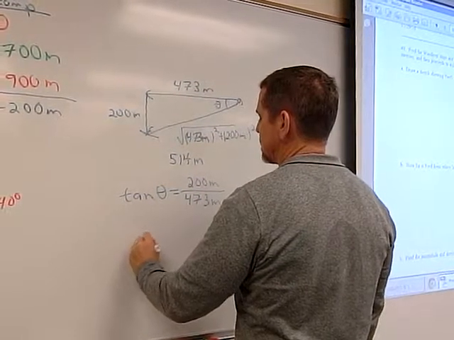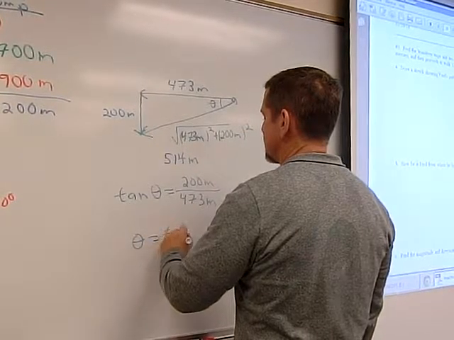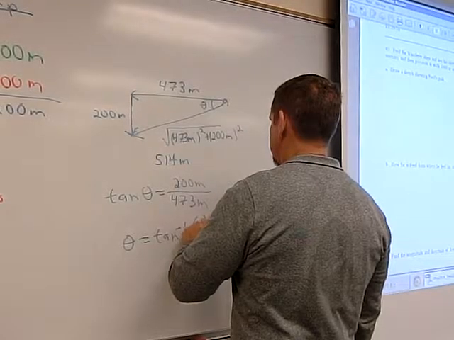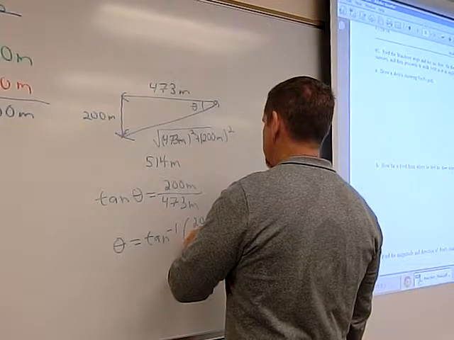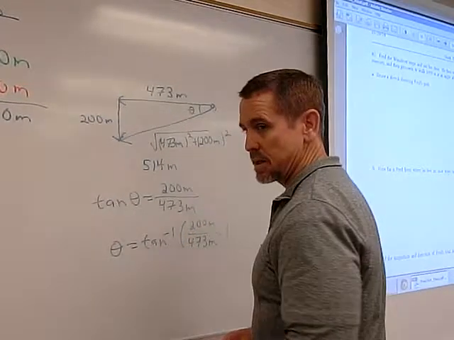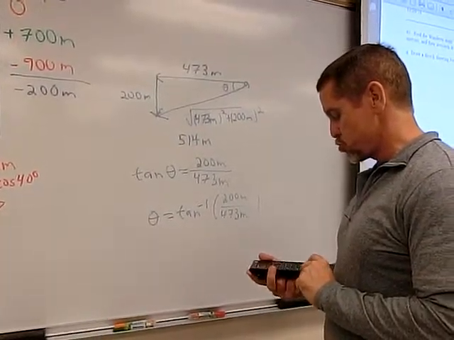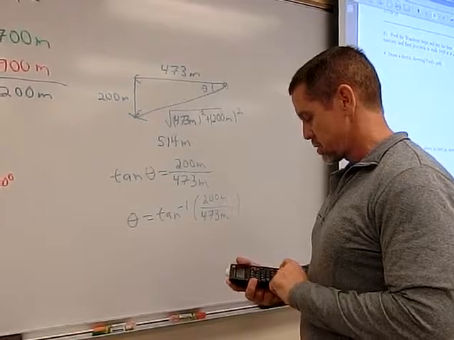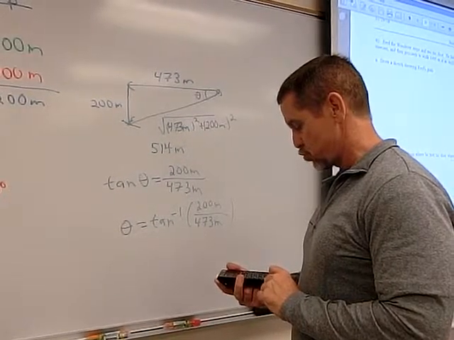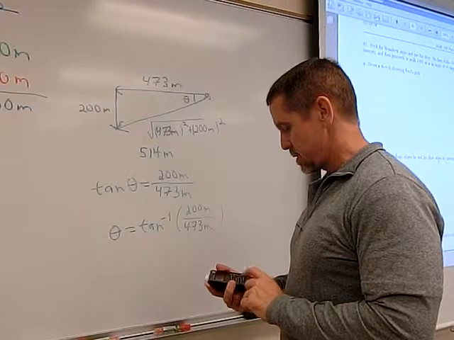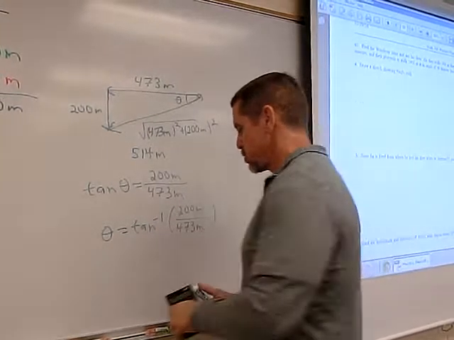So theta is equal to the inverse tangent of that. Get on my calculator, and we get 200 tangent, where's that at? There it is. I get 22.9 degrees.